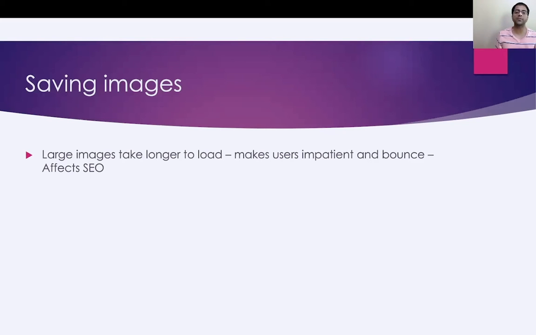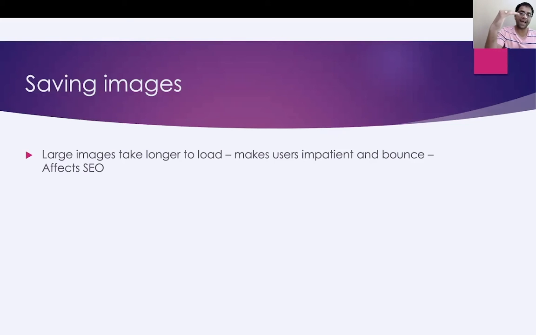So if your web page or website has a lot of high quality images that also have larger file sizes, it takes longer time for the page to load, which means it defeats the purpose and it affects your search engine optimization. So your web page or website or your images for that matter do not come into the first page when you search for new pages or new images using Google, which is what search engine optimization is all about.